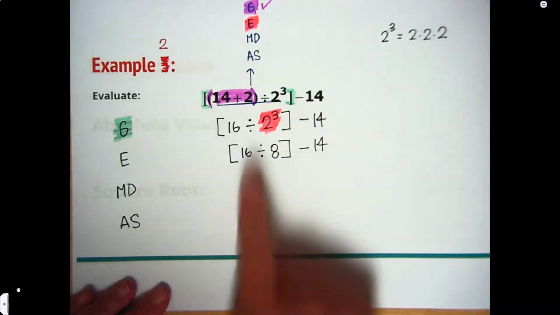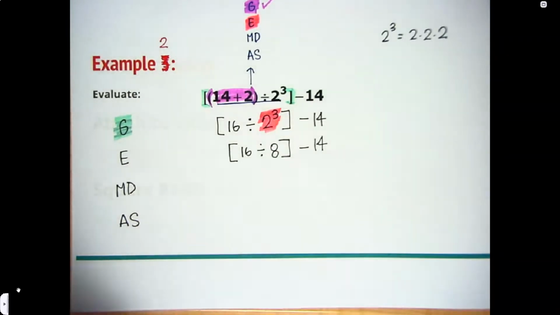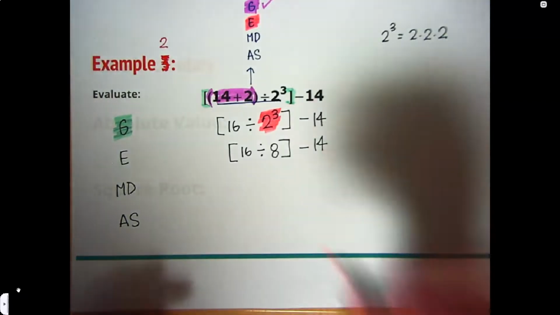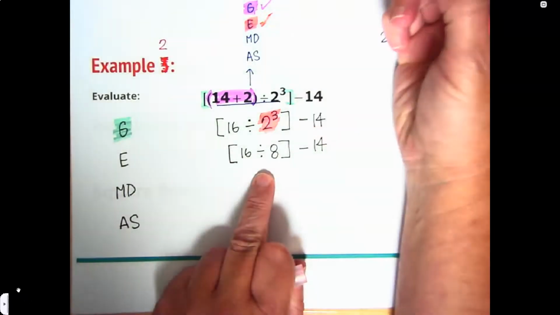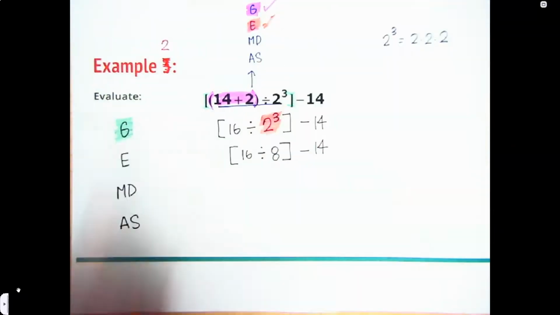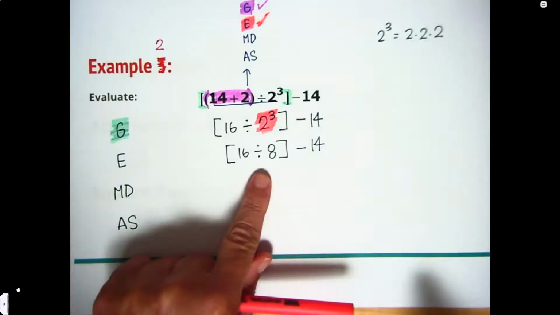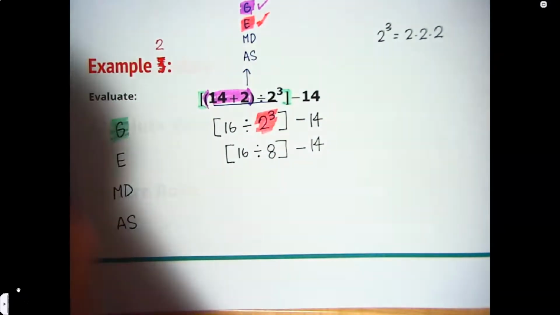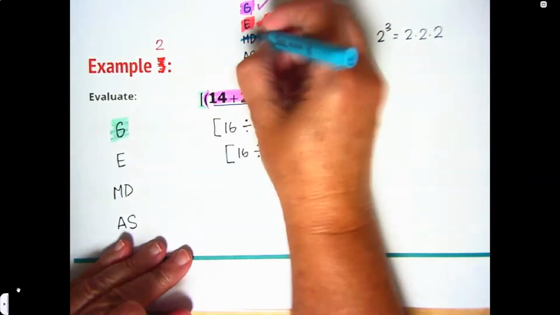Now again here, I'm still just working on those brackets. I'm still just working on that multi-step problem that was inside of those grouping symbols. So I'm done with the exponents in this expression, but still not done with these grouping symbols that I had to begin with. Okay, so now I'm looking at my problem inside of those grouping symbols, and I'm seeing if it has any multiplication or division.